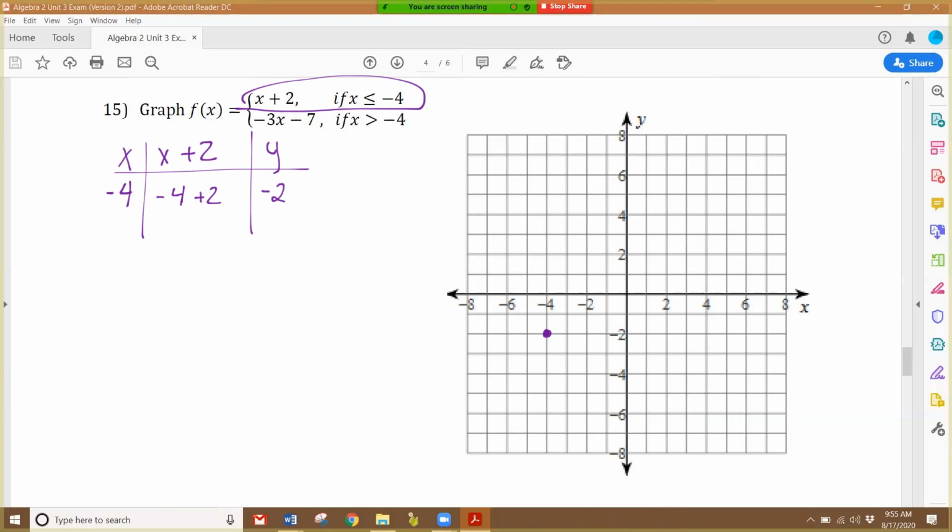Then I'm going to pick another number just so I can figure out where this goes. Let's do -6. -6 plus 2 is -4. So I'm going to graph the ordered pair -6, -4.